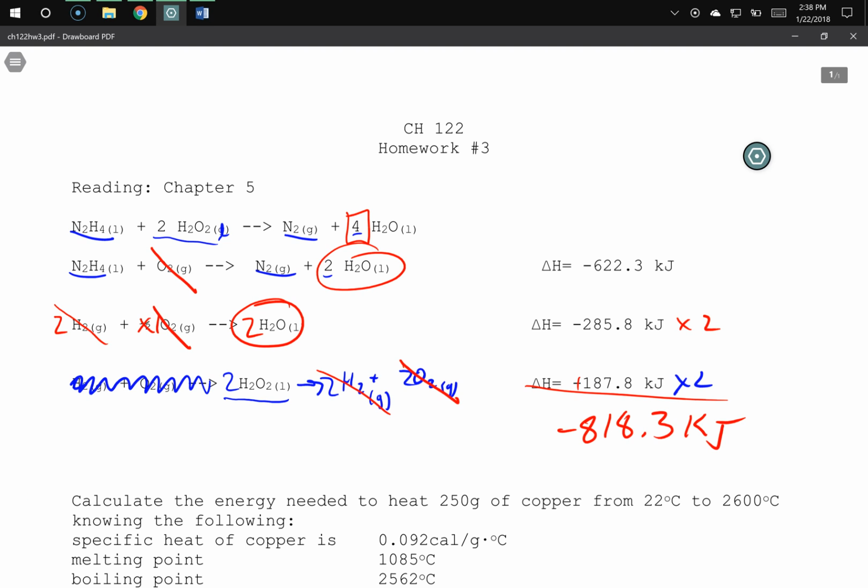That look good? Yeah. What'd you get? Confused myself. I changed the sign when I didn't need to. Okay. I just wrote the same equation underneath. Sorry. So this is an exothermic reaction. All right.